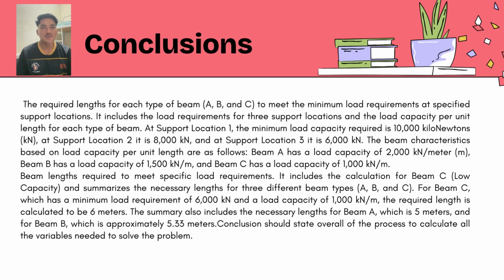The summary also includes the necessary length for beam A, which is 5 meters, and for beam B, which is approximately 5.33 meters. Calculation should state the overall process to calculate all the variables needed to solve the problem.